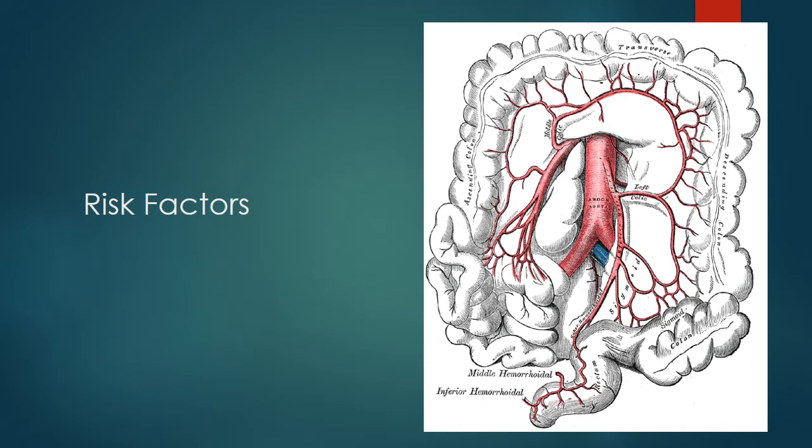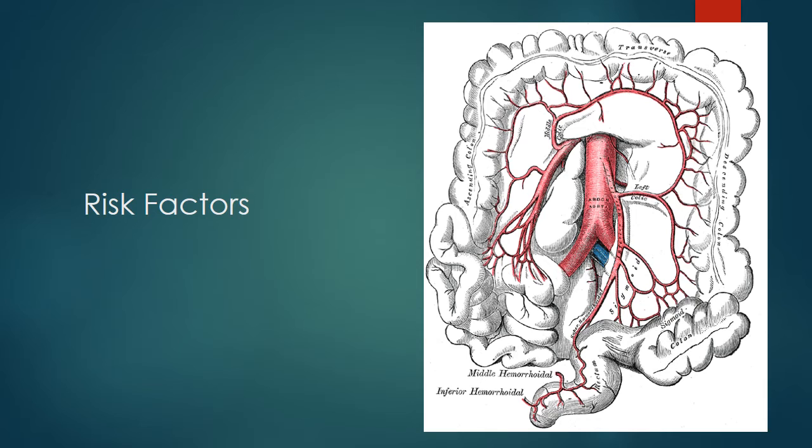The risk factors for developing ischemic colitis are very well defined and usually are fairly obvious, and should be kept in mind when patients have had these procedures or have these risk factors, to be watchful for the development of ischemia.